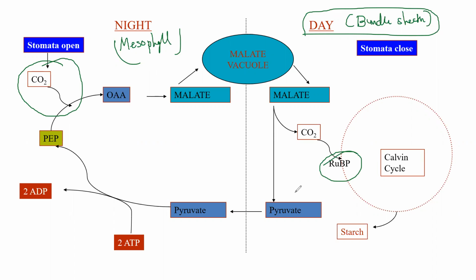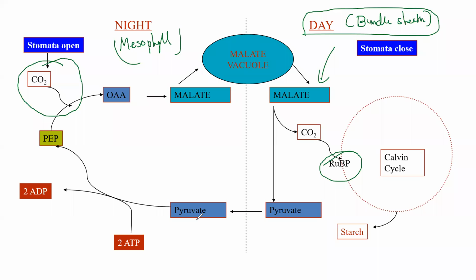So carboxylation is happening in both cases, in day as well as night. But as far as decarboxylation is concerned, decarboxylation always occurs during the day only because malate gets decarboxylated. Got it? So carboxylation happens both day and night, but decarboxylation happens only during the day. That is what you need to keep in mind.